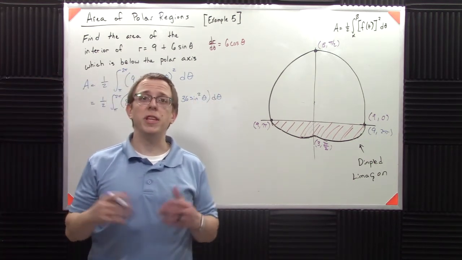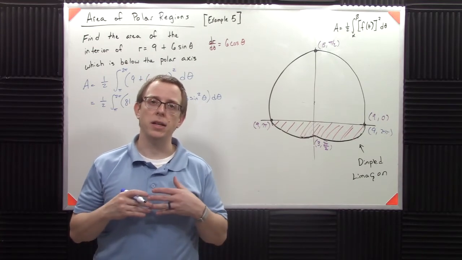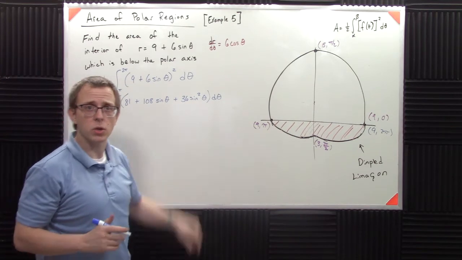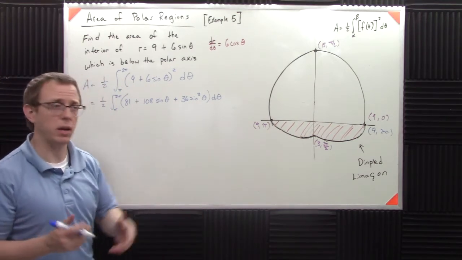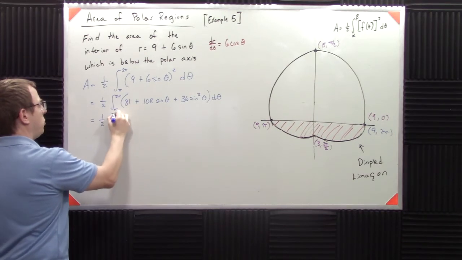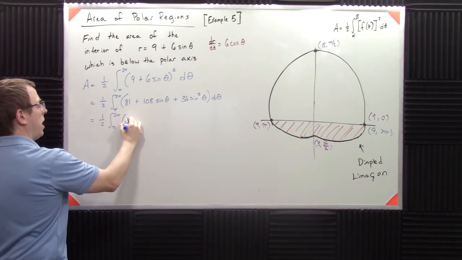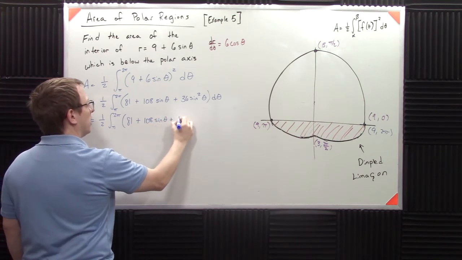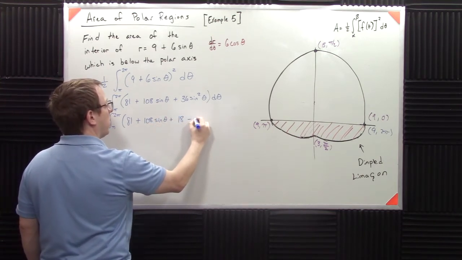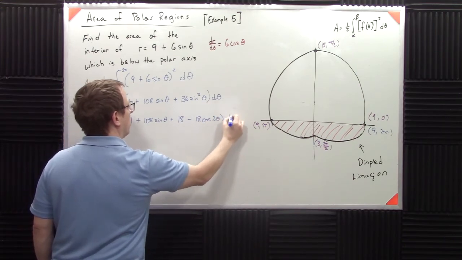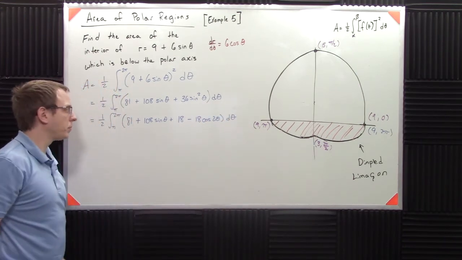Yuck, right? But then the next thing we're going to do is apply the power reduction formula for sine squared, or a double angle identity, depending on how you look at it. And you're going to get 1/2 from pi to 2 pi of 81 plus 108 sine theta plus 18 minus 18 cosine 2 theta d theta.